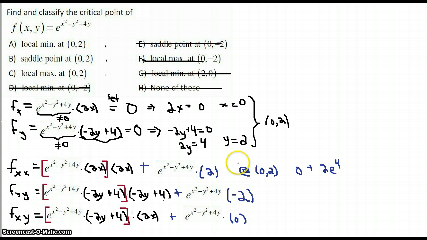Then we have the other one at (0, 2). What we're doing is computing this capital D function. What is that going to be? e to the 4 times 0, plus negative 2e to the 4.